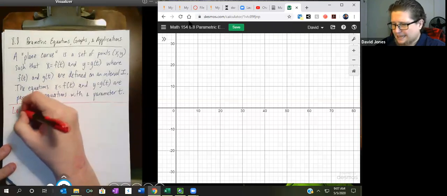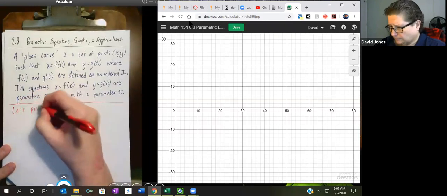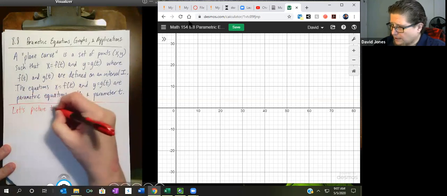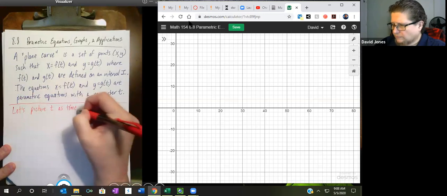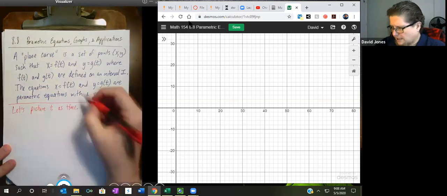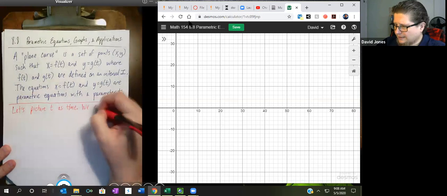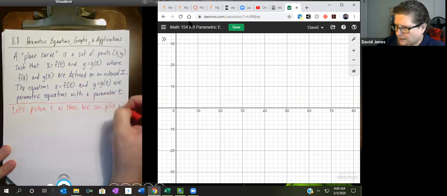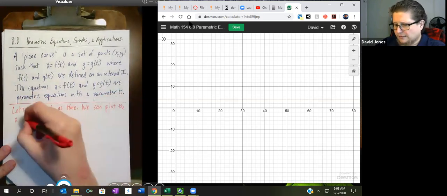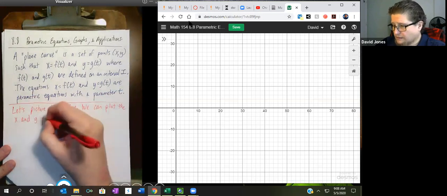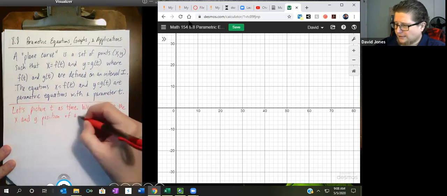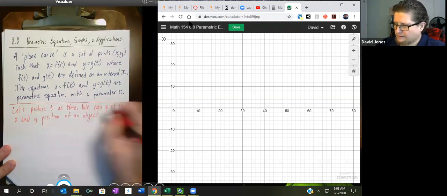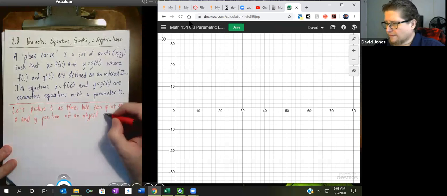let's picture t as time. We can plot the x and y position of an object over time.